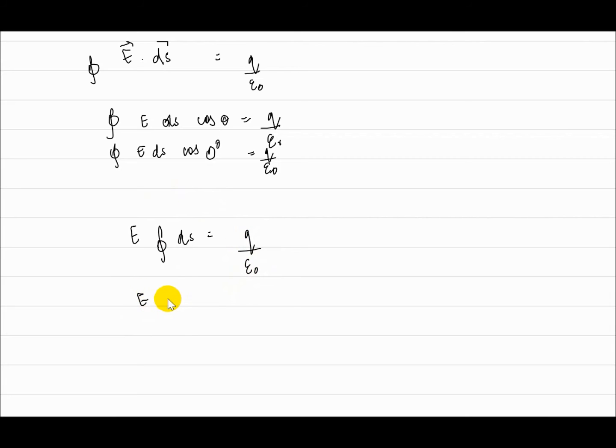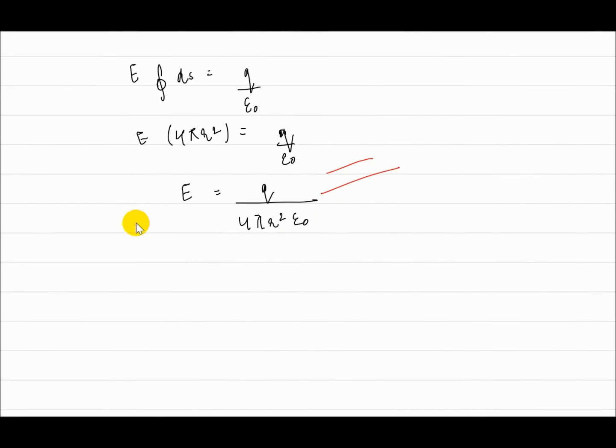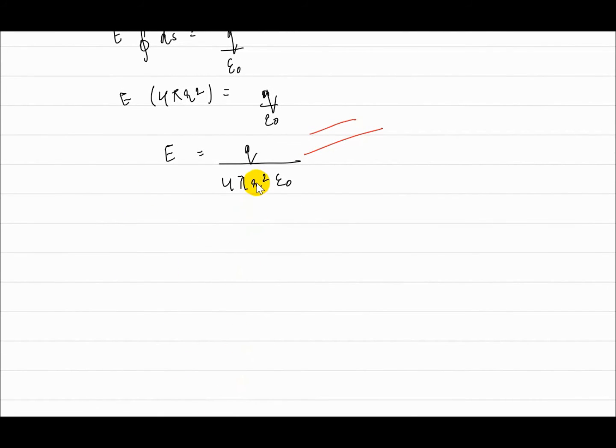Now the surface area will be 4 pi r square for a sphere, so it is equals to q by epsilon naught. We can write E is equals to q upon 4 pi r square epsilon naught. Now to simplify the formula more, we'll also write the n vector here for the direction.